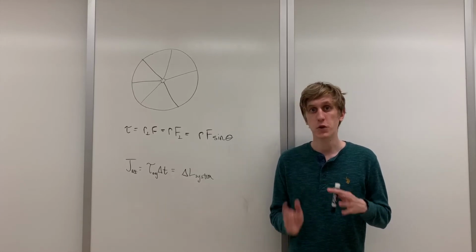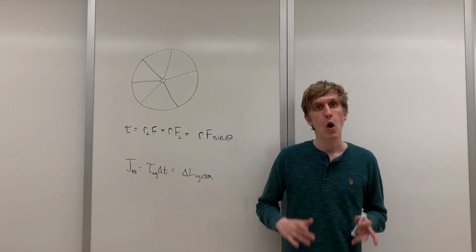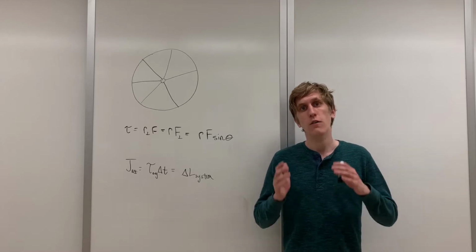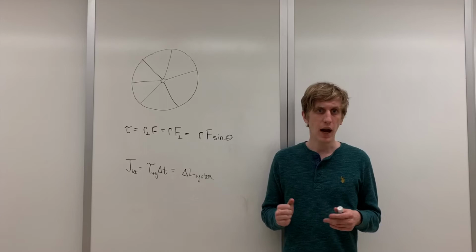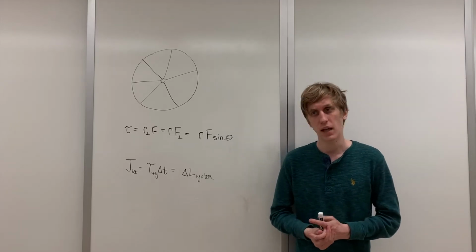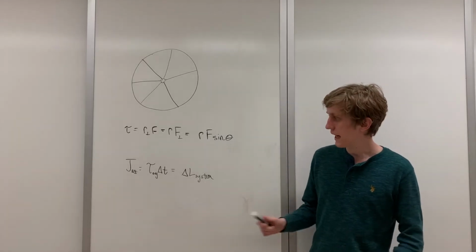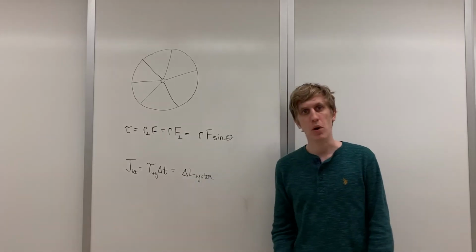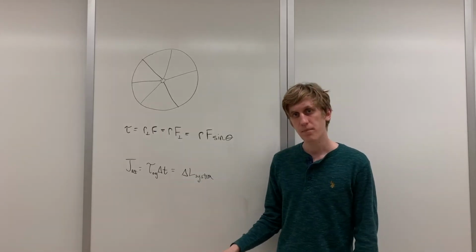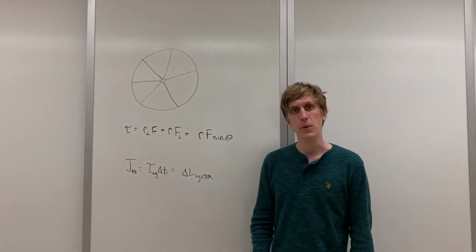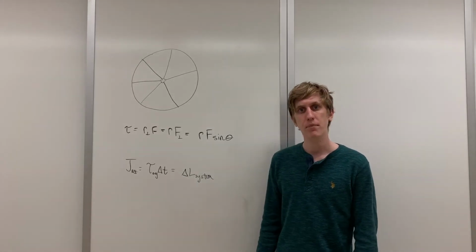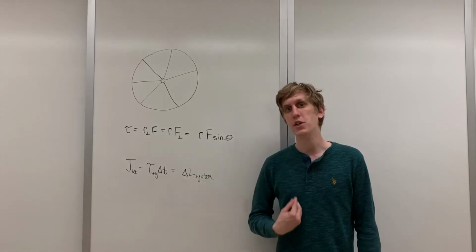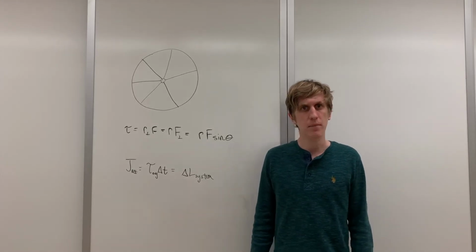Most of the equations for torque and angular momentum are identical to the equations for force and linear momentum. The only difference is you have to calculate certain numbers slightly differently. Let's take this equation as an example. This equation says that the total angular impulse is equal to the average torque times the change in time, and is equal to the change in the angular momentum of the system.